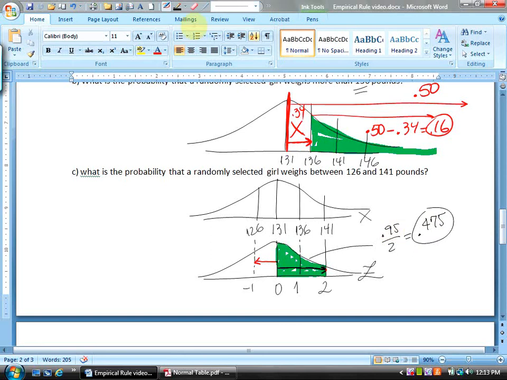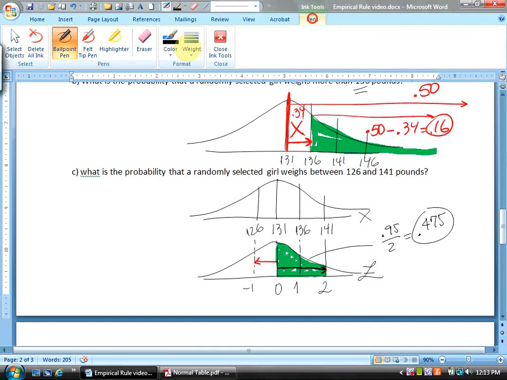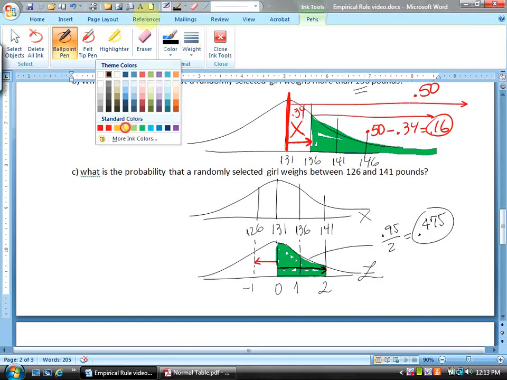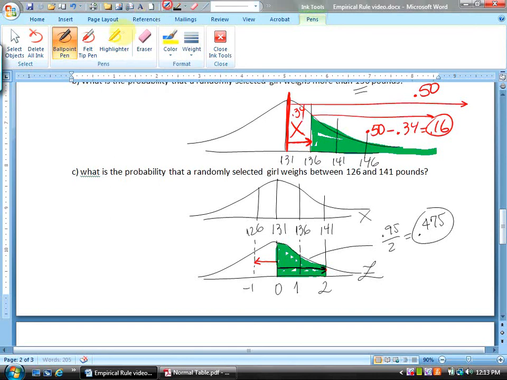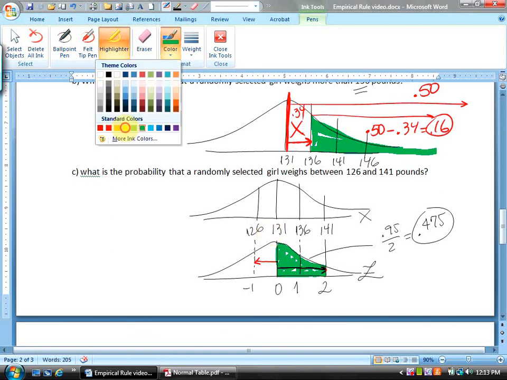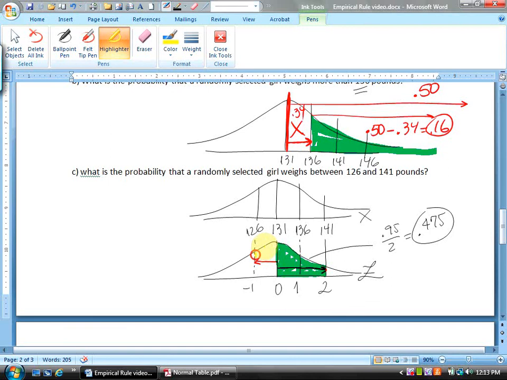Now, I'm going to shade the other part. Let me pick a new color here. Go back to highlighting yellow. I also want this part. I want both parts because that gives me the weight between 126 and 141.